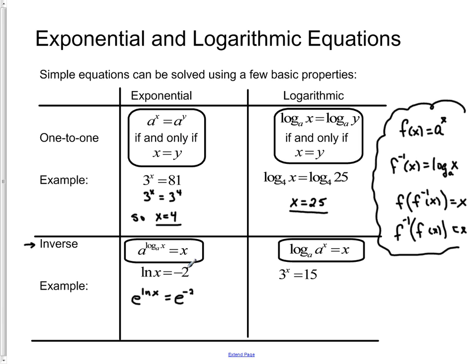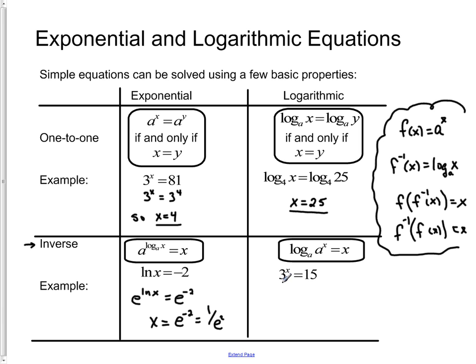Really, by our one-to-one property, that would make sense. And e to the natural log of x is, by this property, just x. The e and the ln x undo one another, and we're left with e to the -2nd. And by the way, when we express solutions that involve e, we want to express them in exact form, not decimal form. So we would write 1 over e to the 2nd as our solution in simplified exact form. There is a decimal that would represent 1 over e squared, but we want to leave it this way.